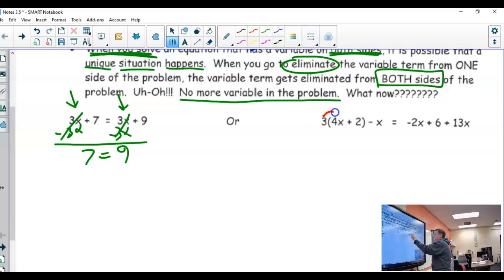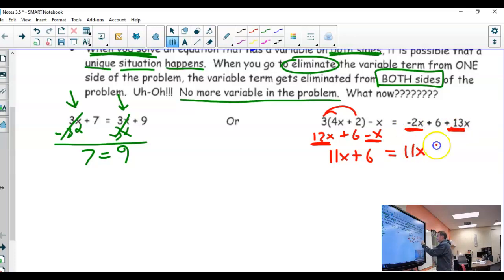So here I would distribute the 3, right? And get 12x plus 6 minus x. And I would combine my like terms and get 11x plus 6. And on the other side of the problem, all I have to do is combine my like terms, and I also have 11x plus 6.